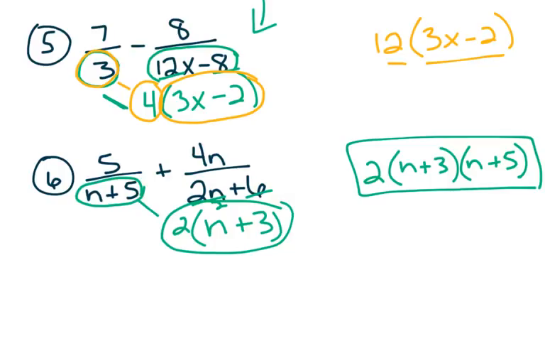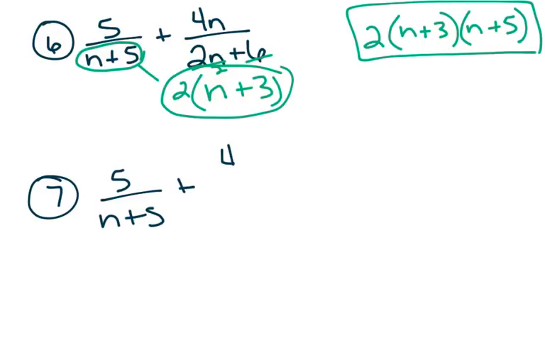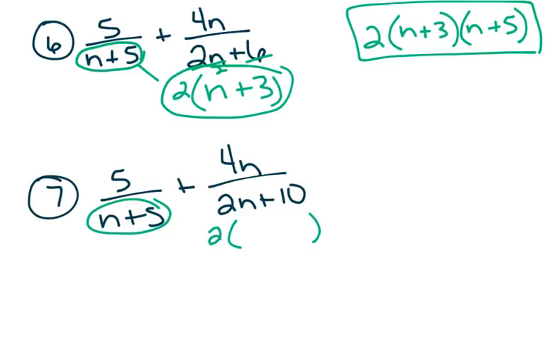Now I'm going to do one more. Let's say that we had this problem above, 5 over n plus 5 plus 4n over 2n plus 10. Okay, so I've got my n plus 5, and I've got 2n plus 10, but I've got a GCF here. So I am going to factor out my 2. So I end up with n plus 5. All right, now at this point, I do have an n plus 5 in common in both of them.